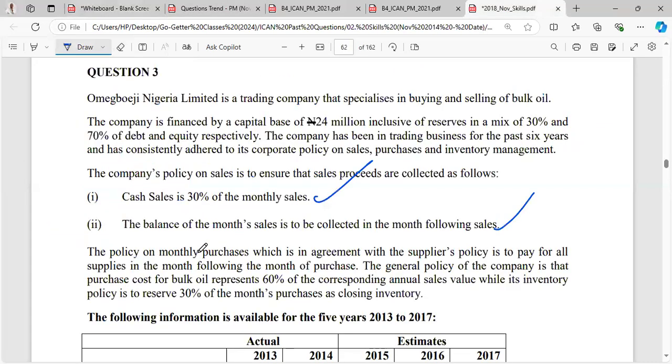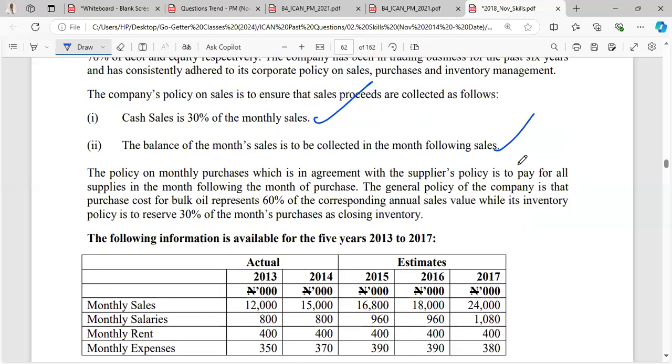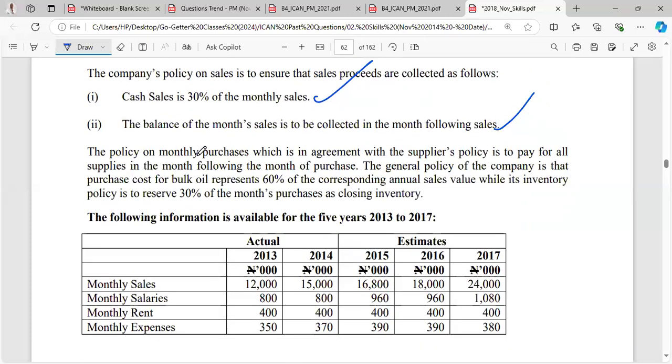The policy on monthly purchase is in agreement with the supplier to pay for all supplies in the month following the purchase. Now, we are not given purchases. Then we are saying that the general policy of the company is that purchase cost for bulk oil represents 60% of the corresponding value.